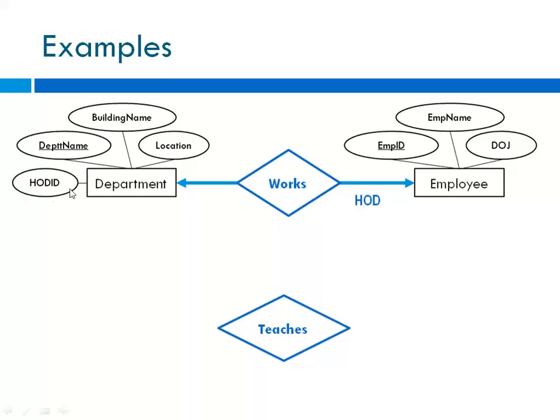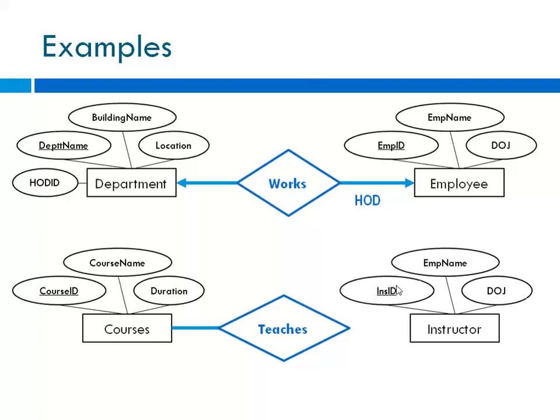This value is the employee ID of the person who is working as HOD for this department. So the HOD ID is an attribute related to the relation, but since this is a one-to-one relationship, it is not added with the relationship; it is added with one of the entity sets, and that is the department.